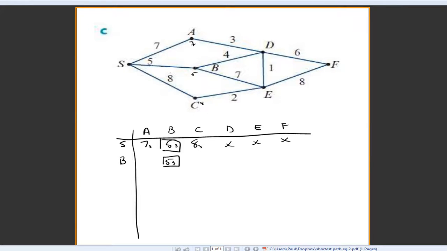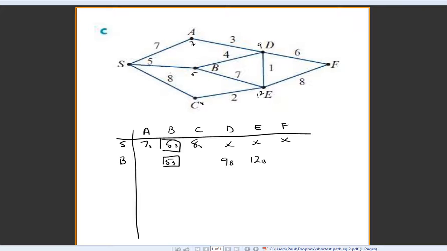Alright, so from B we can get to D. That's going to be 5 plus 4, which is 9. So we write down a 9 from B. We can also go 5 plus 7, which is 12, to E from B. Now we know that 12 is not going to be the final figure for E because we can see really quickly that S, C, E will be 10.